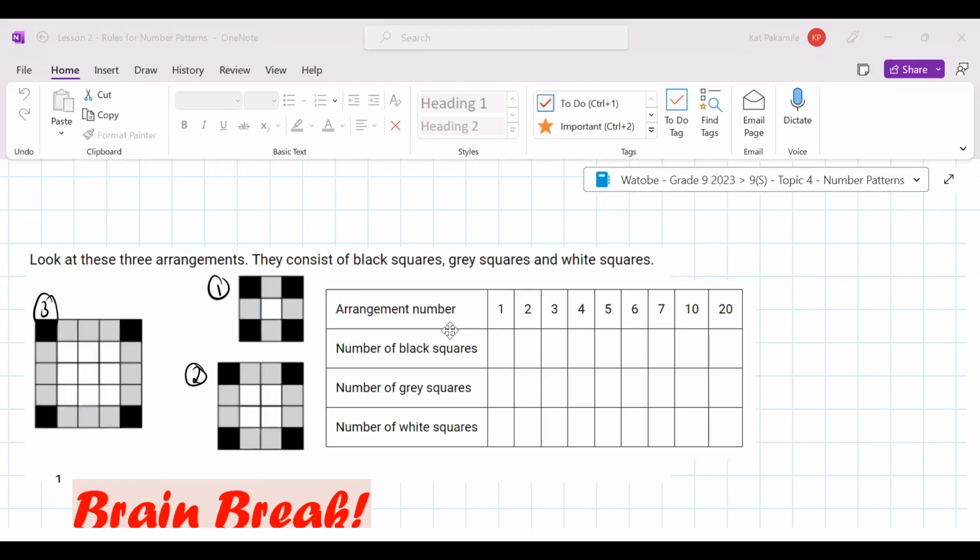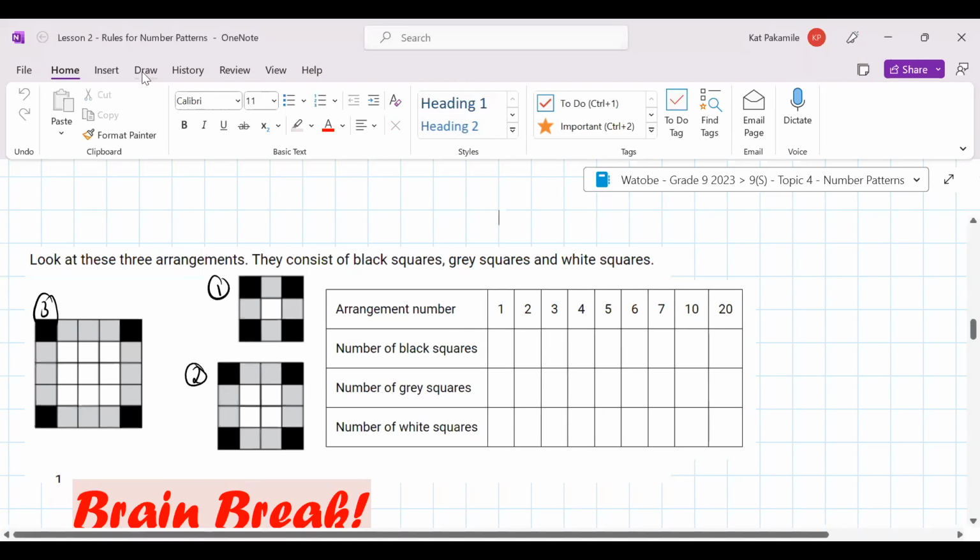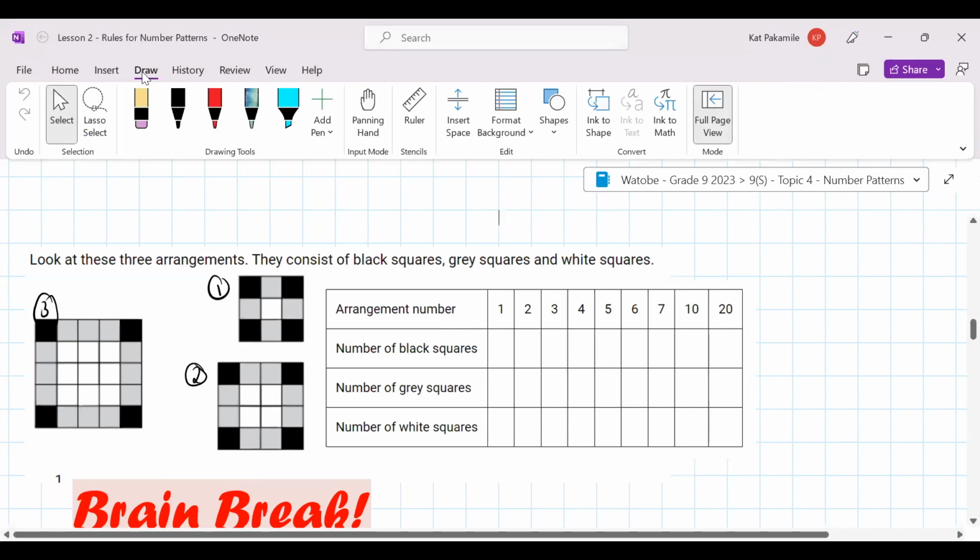So gray squares, guys, how many gray squares do we have in the first, second, and third, and then tell me how we calculate the next gray squares. So Fatso, yes. Hi, ma'am. Hello.